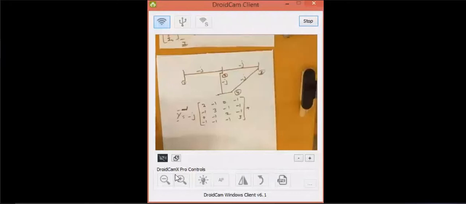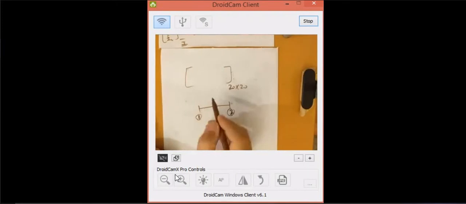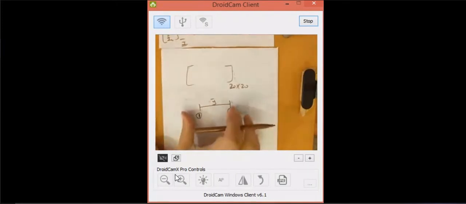Now, if we have only one line, a line between I and J, between bus number 1 and bus number 2, and admittance equal to y. What is the admittance matrix for this one? You know how to find it.